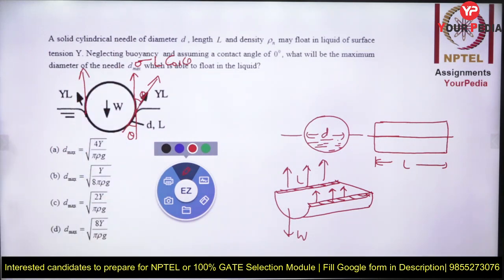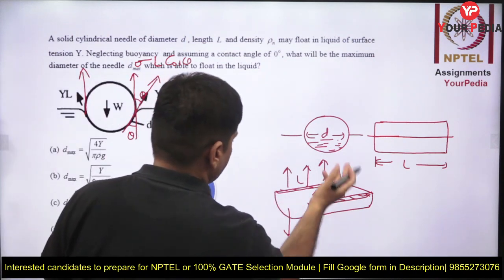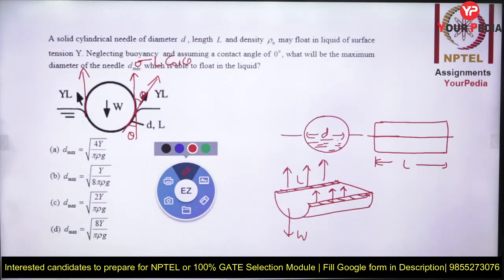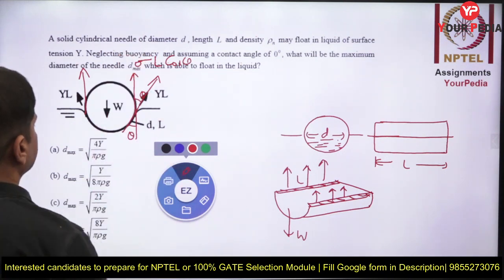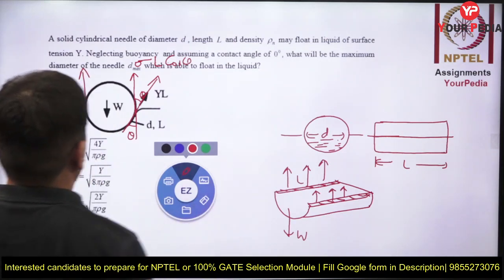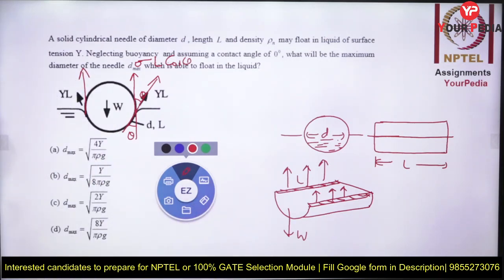Sigma is the surface tension, so surface tension force is sigma into length, sigma into L into cos theta on this side. And the weight is the weight of this entire needle, and we need to balance the two.